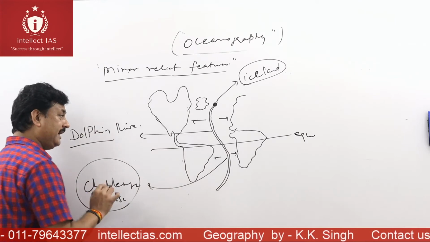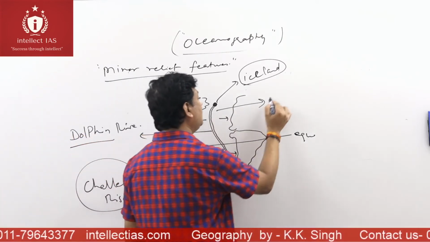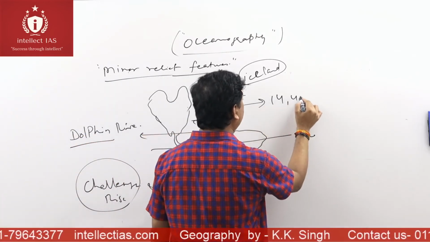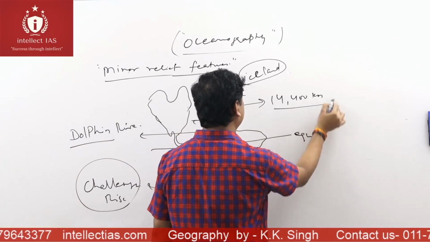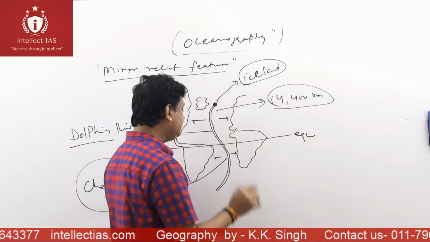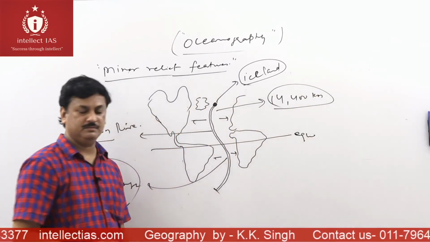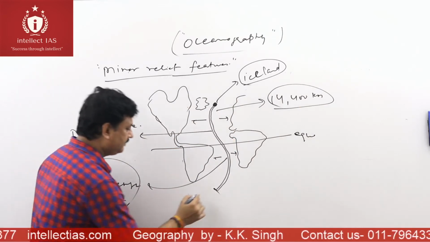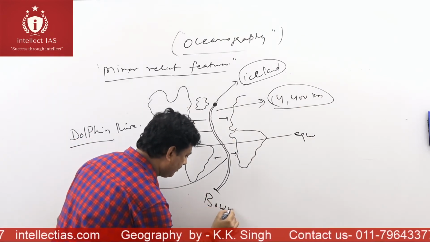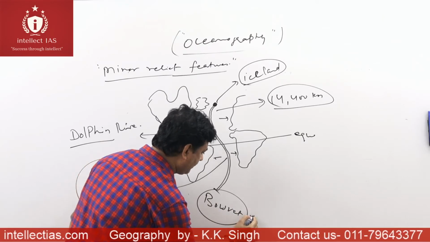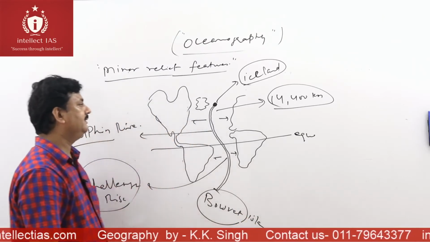The total length of this ridge is about 14,400 kilometers, from Iceland to Bouvet Island.